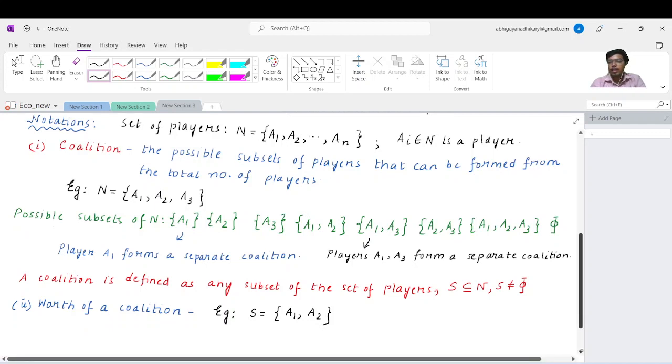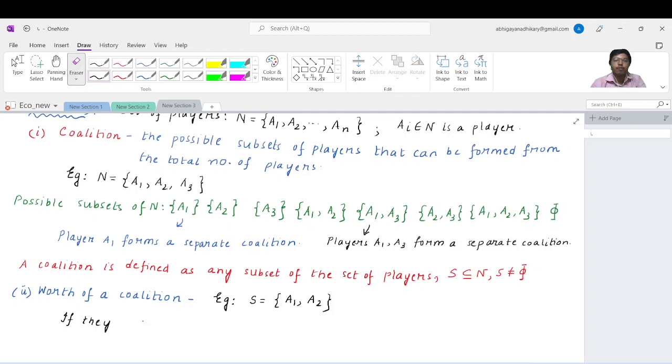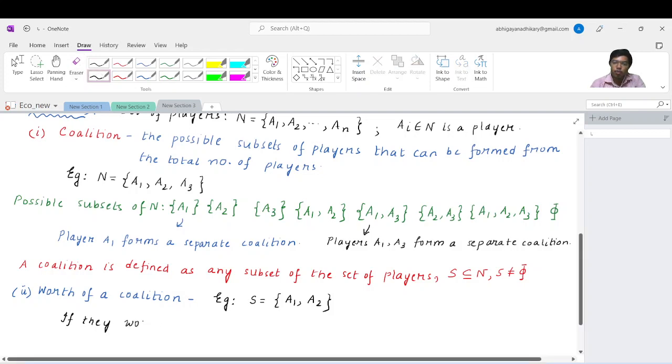So now tell me, if they work together, then what is the value of output?